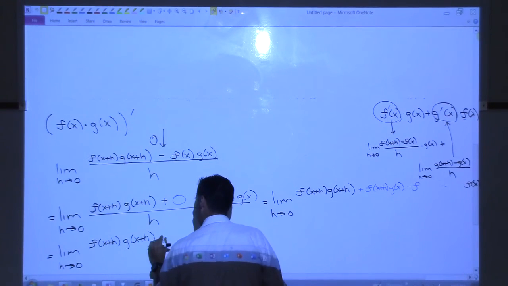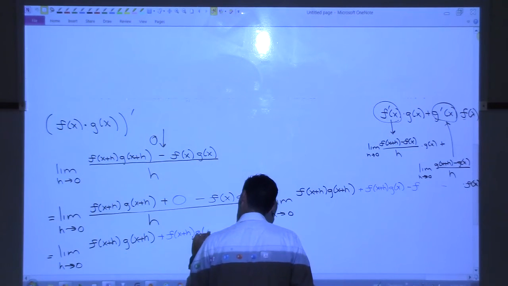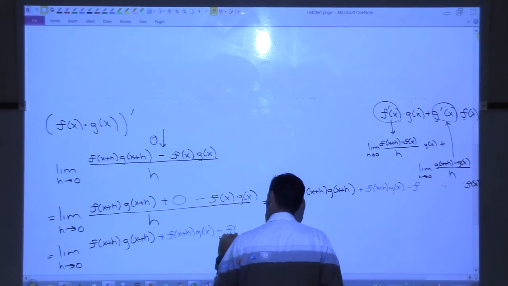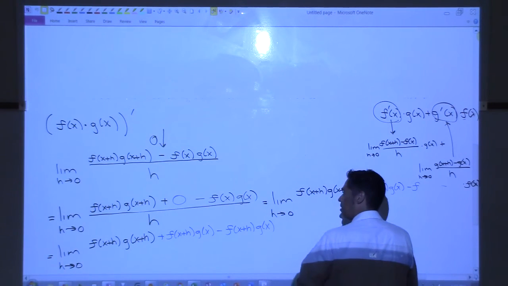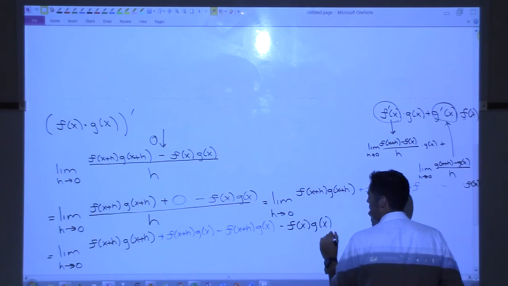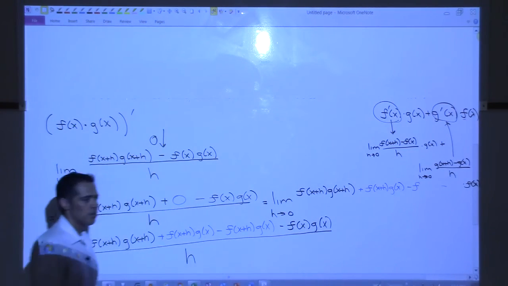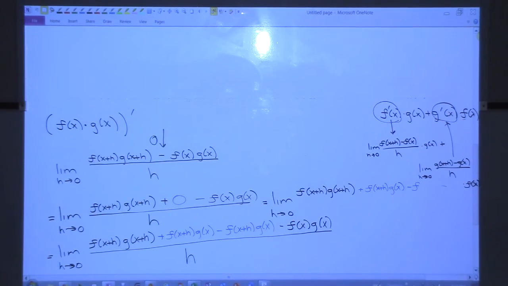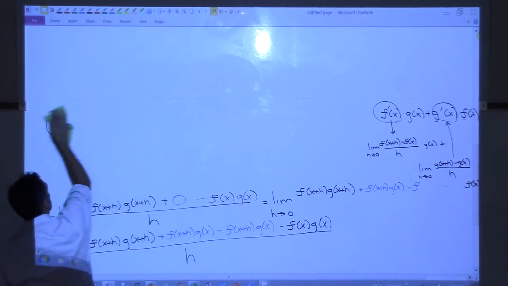Okay, I'm going to add f of x plus h times g of x, and then subtract f of x plus h times g of x. And then I still have minus f of x, g of x, all over h. So does everyone agree that what's in blue is still 0? Yes? Okay.